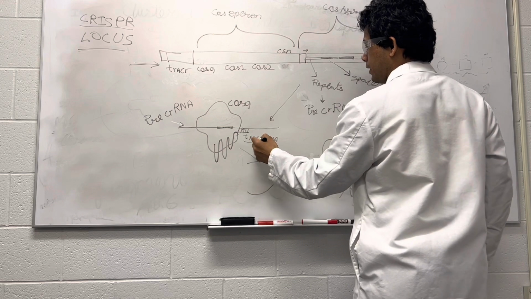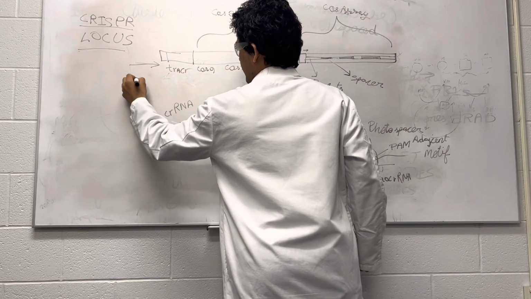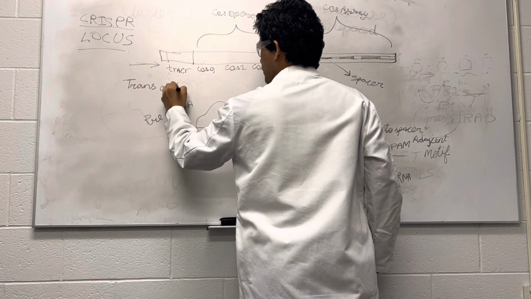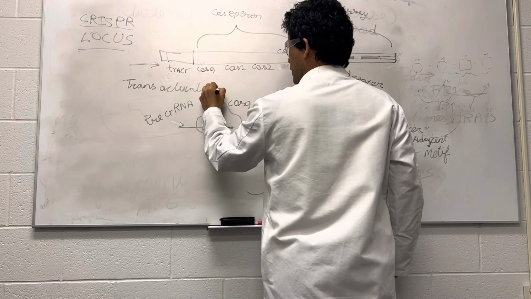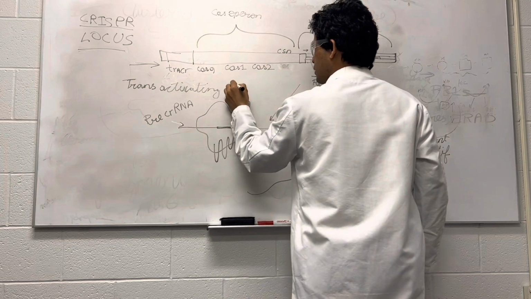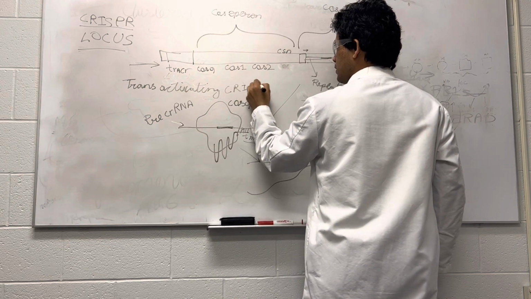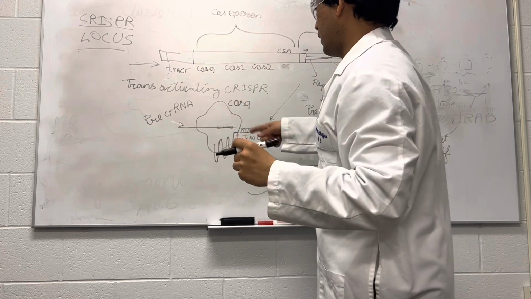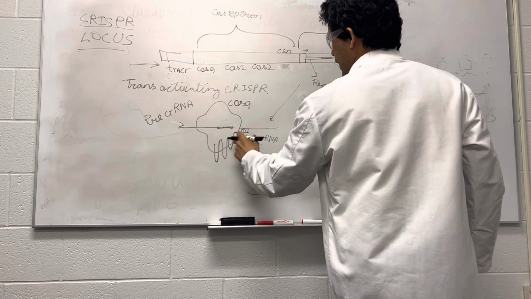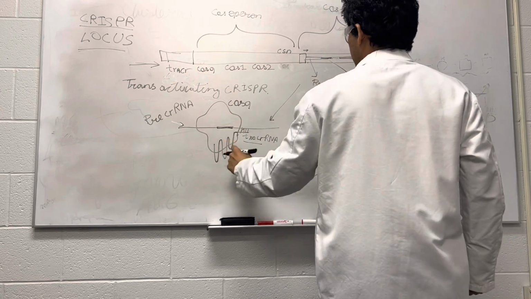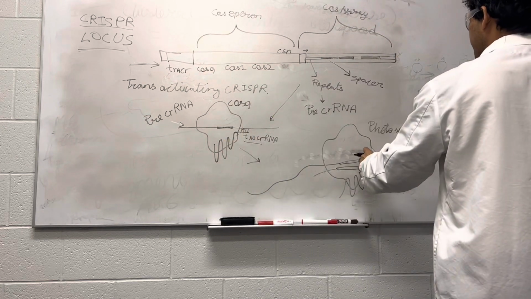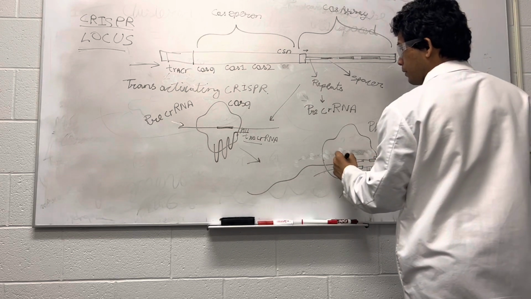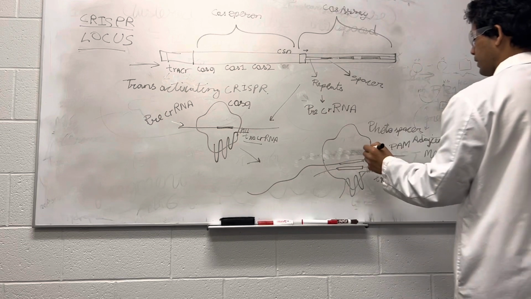This tracer RNA is known as trans-activating CRISPR RNA. It helps in guiding Cas9 to reach the foreign DNA site, where Cas9 will detect the spacer.